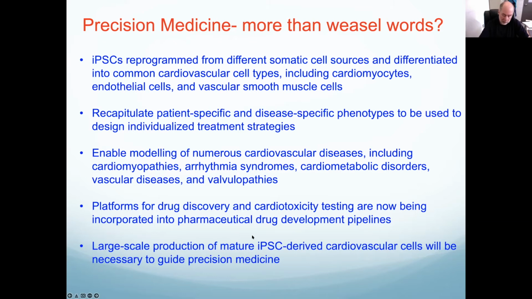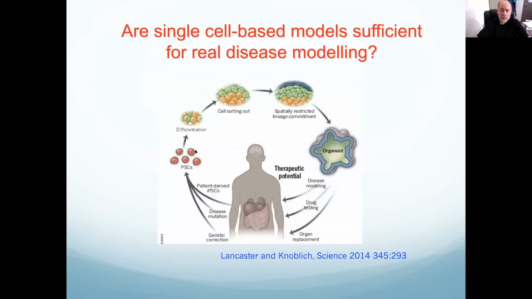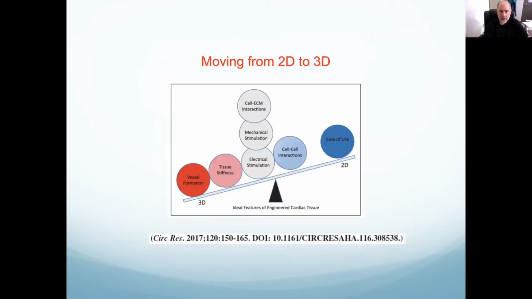But we need to be able to do this in an effective way, and we need to do it beyond single cells, right? We need to be able to build them into 3D models. I think the most effective models would be to take patient-derived iPSCs and build three-dimensional organoids where all of the tools that I've talked about and that Kyla talked about can still be used in these three-dimensional contexts, and then use that as our basis.